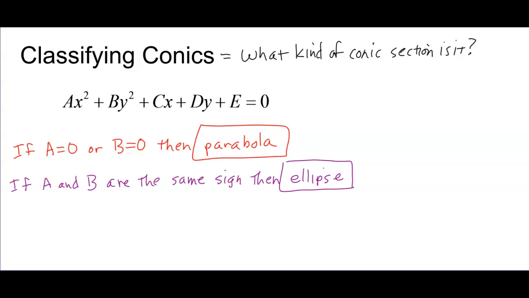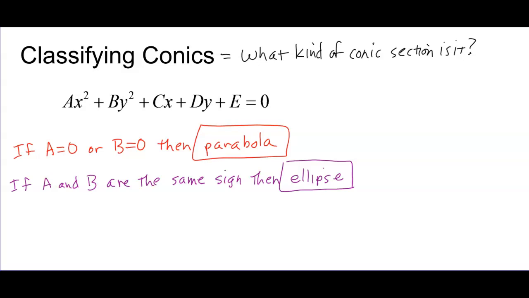Ellipses are kind of a modified version of a circle. So a circle actually falls under the ellipse heading. The only thing that really makes it a circle instead of an ellipse is that your horizontal radius and your vertical radius just happen to be exactly the same as each other. So you can think of a circle as just a particularly nice symmetric ellipse.